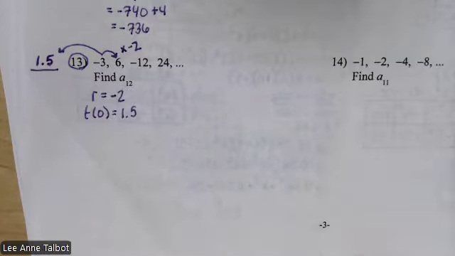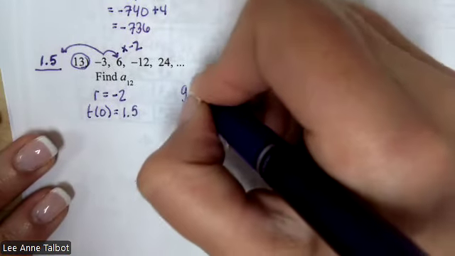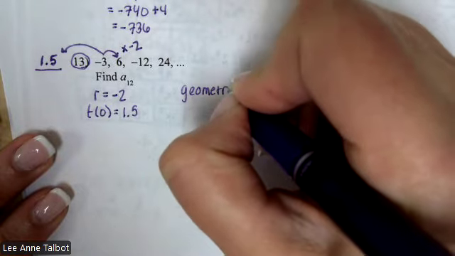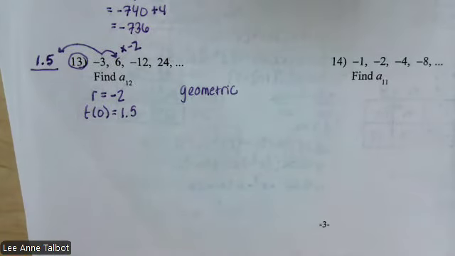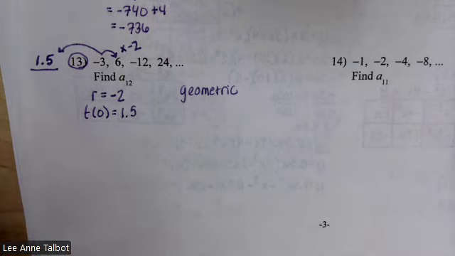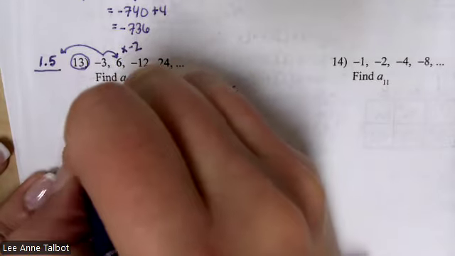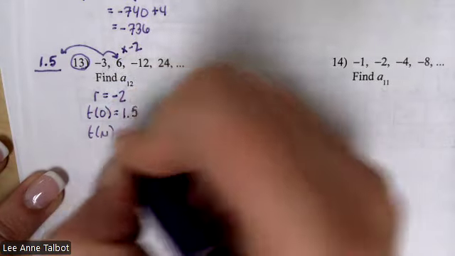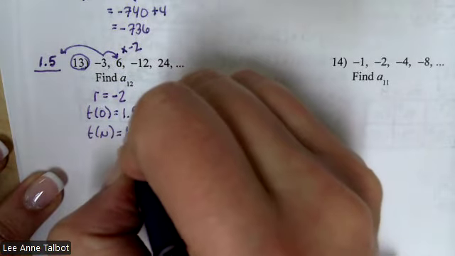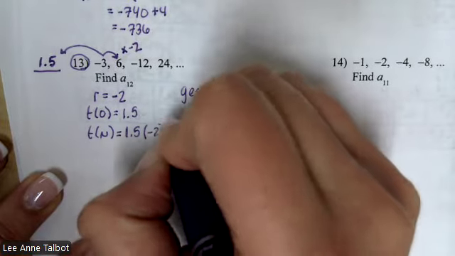Okay, now you guys already said it, but this type is geometric because it's multiplying by the same thing each time. And the format is exponential, yes, which is t of n equals a b to the x.